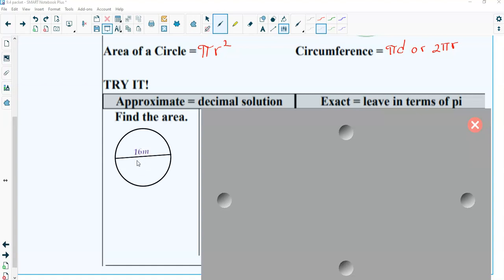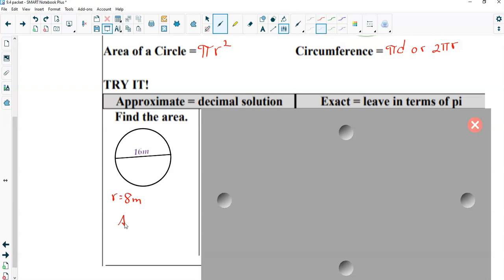They give us the diameter, which is 16 meters. Now, the formula for area of a circle is pi r squared. They said to approximate. So if we're going to approximate, we could use the calculator. We know that the radius is going to be half of the diameter. So that means the radius, and I'm going to write right here, the radius would be 8 meters, half of 16.